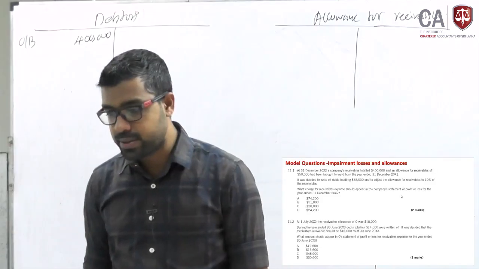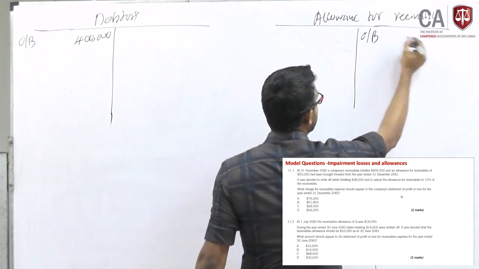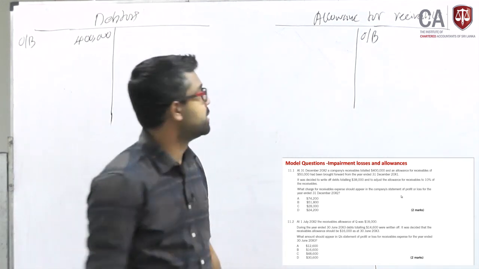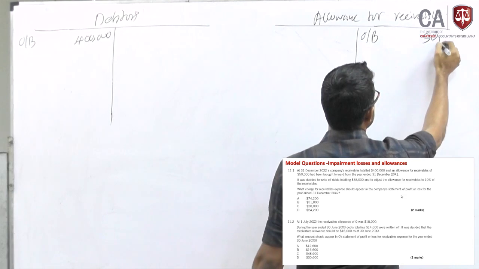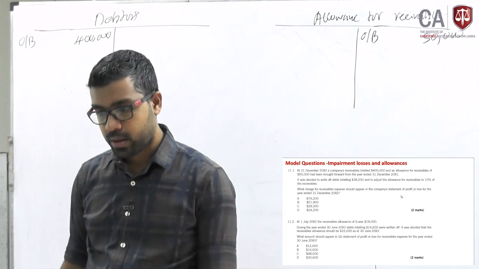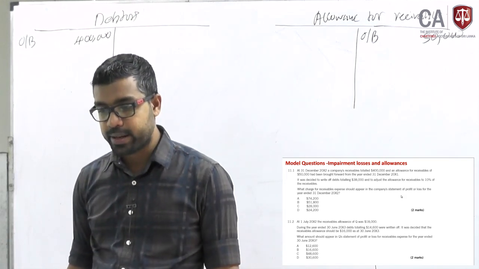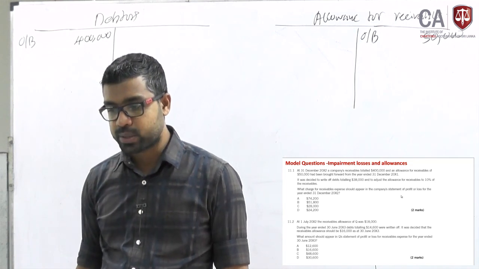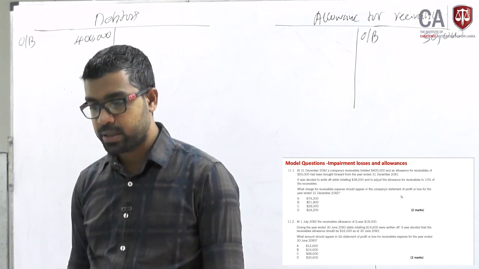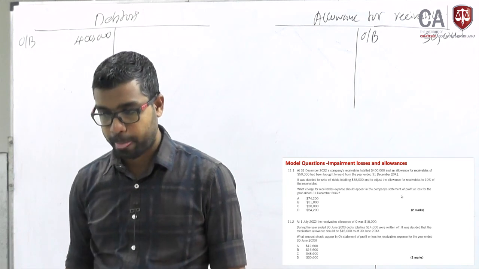And the loss allowance for receivable is 50,000. Opening balance is there for loss allowance also. Opening balance how much? 50,000. It was decided to write off debt totaling 38,000 and adjust the loss allowance for receivable to 10% of the receivable. There is an impairment also.